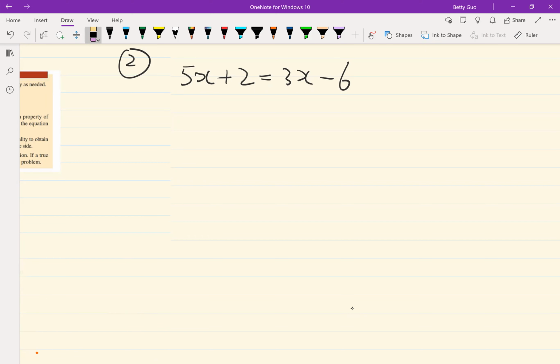Please copy it down: 5x plus 2 equals 3x minus 6. Very similar to the first problem, the one we just did. You see the structure, right? So I'm going to give you a few minutes. You try it on your own.